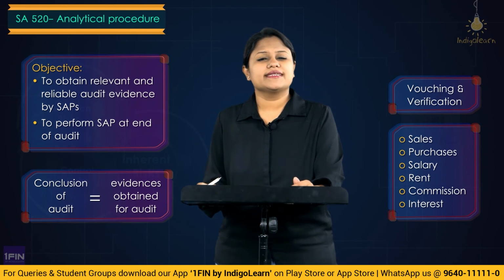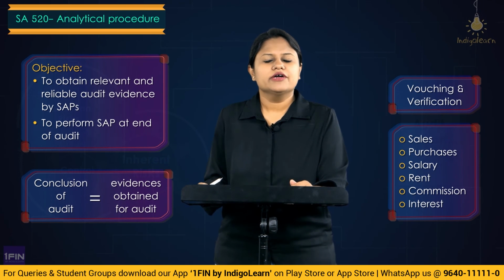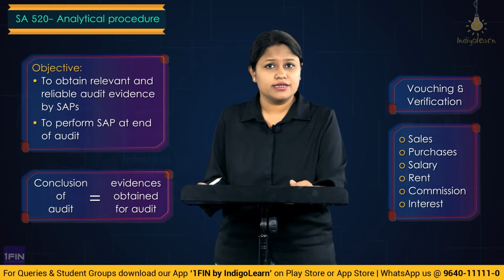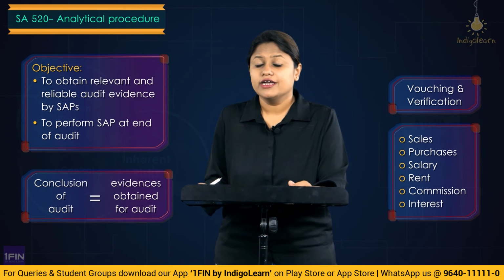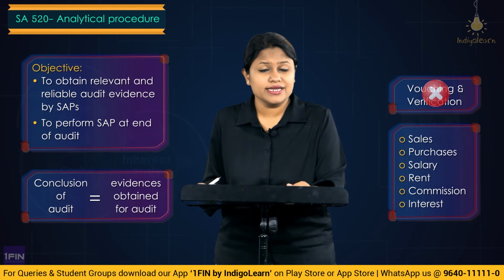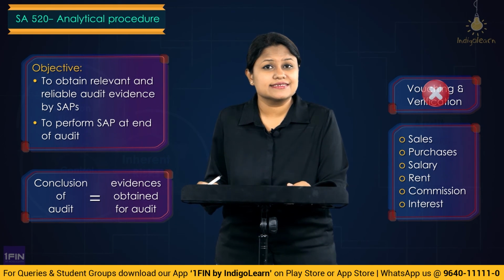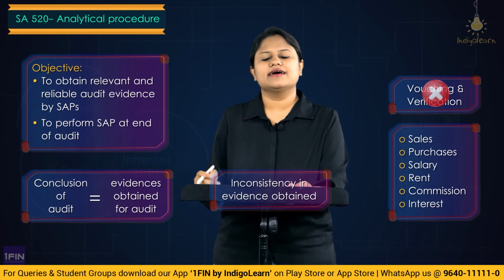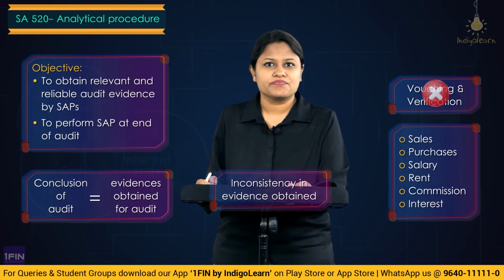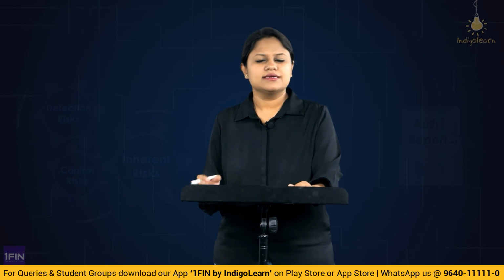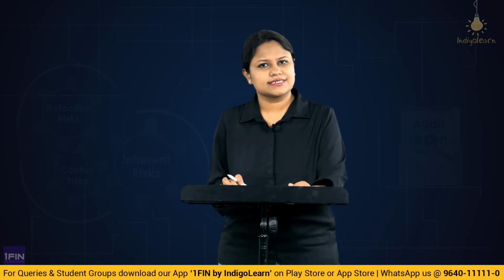But when you perform the analytical procedure, when you did some kind of comparison, you came across something unusual which you have not identified during the course of your audit. In this case, what happened? You realized that there has been an inconsistency with the evidences and the analytical procedure answers that you have got. Correct? So in this case, how are you going to take the further steps? That is the question asking you.